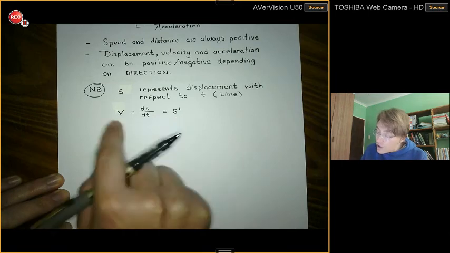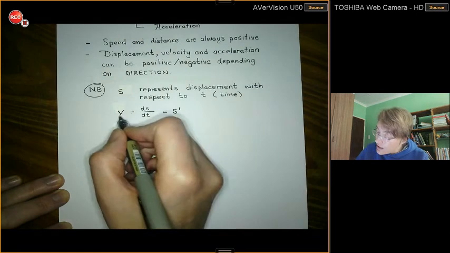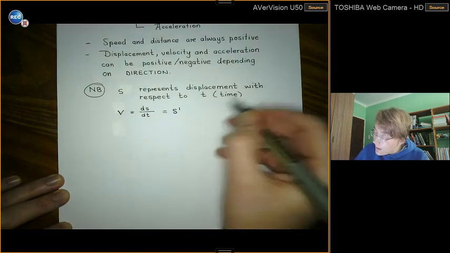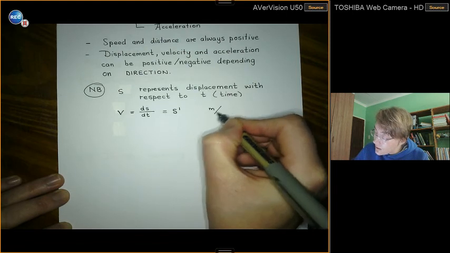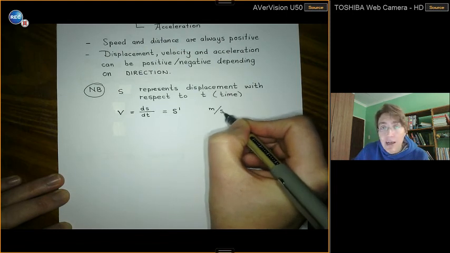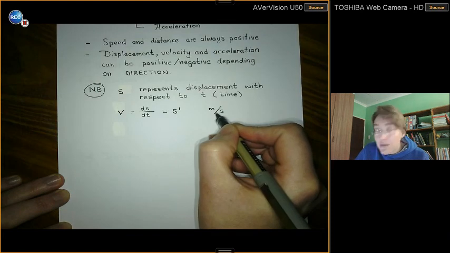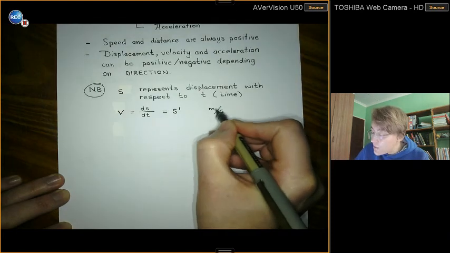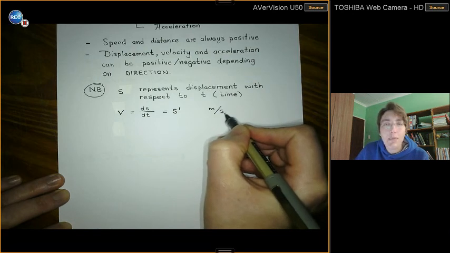The biggest reason why the first derivative of displacement gives me velocity is because velocity is normally measured in physical sciences in meters per second, which, if you think about that, is a rate of change. So that is the rate of change of displacement in meters with regard to time in seconds.